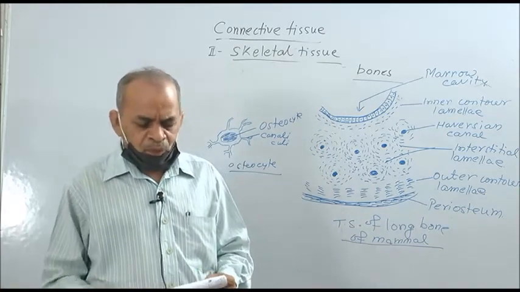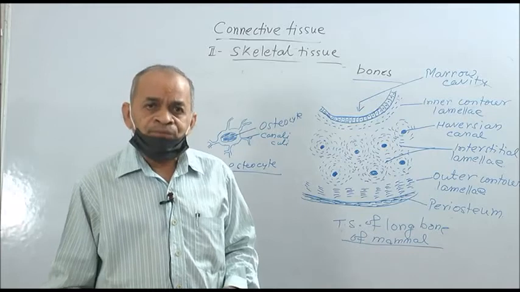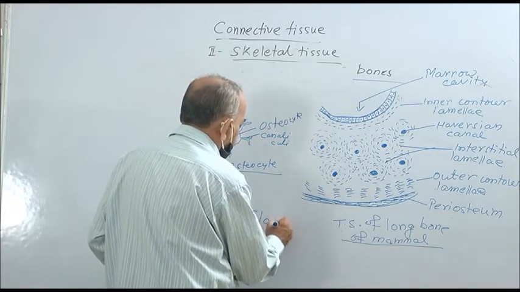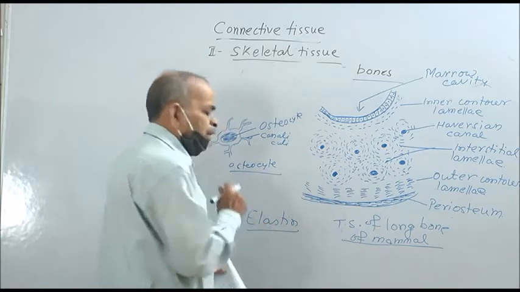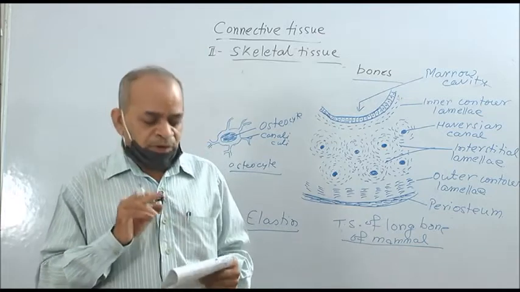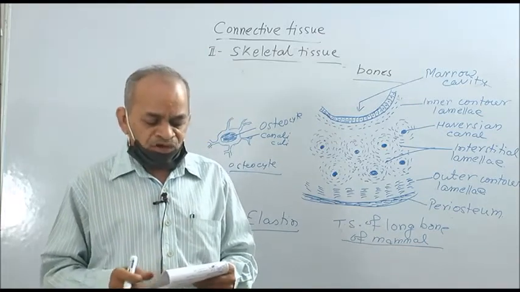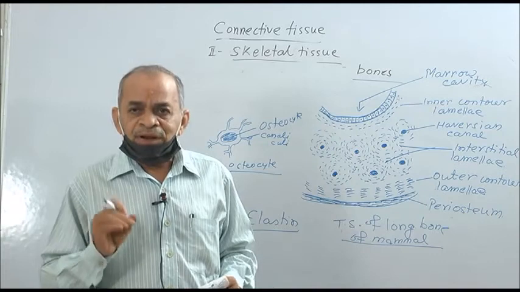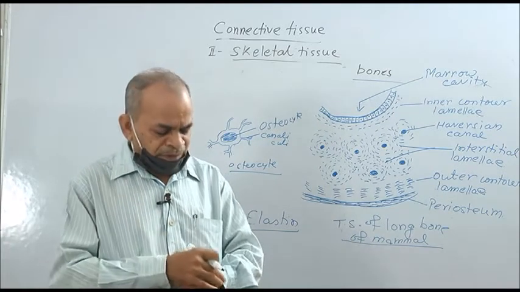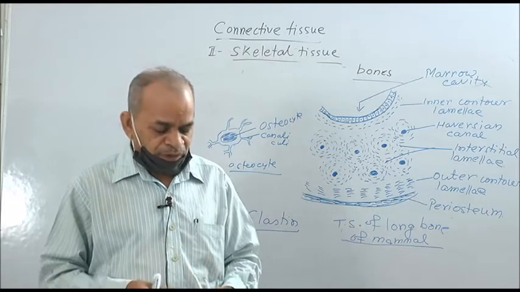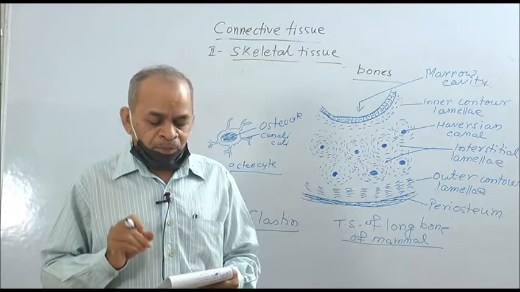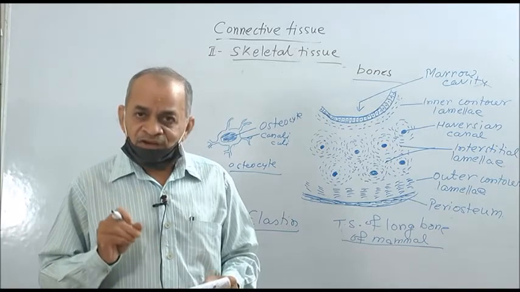The matrix of bone is composed of ossein, but in cartilage that is chondrine, and it is impregnated with various inorganic salts such as the carbonate, phosphate and fluoride of calcium.